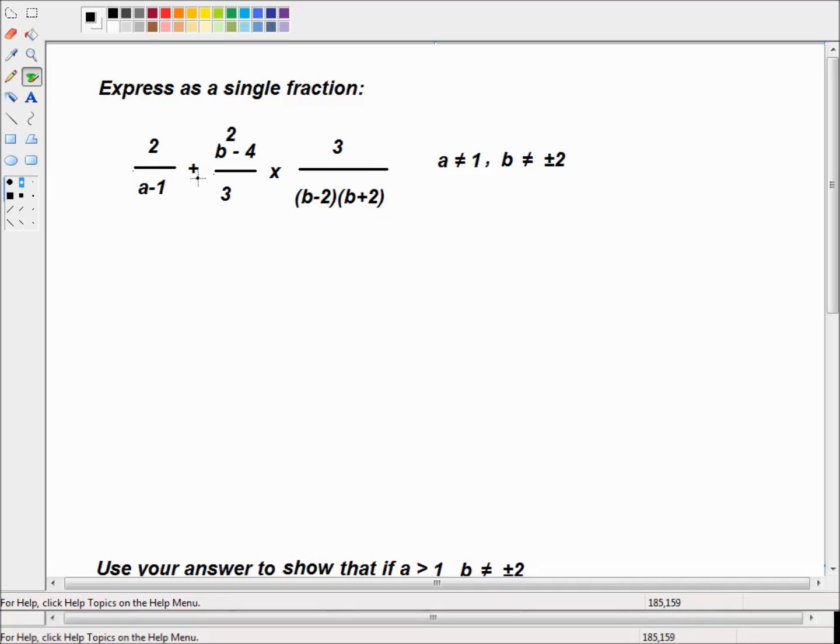Alright, so we've got to add first and then we multiply. So multiplication takes priority over addition, so I'm going to do the multiplication first.